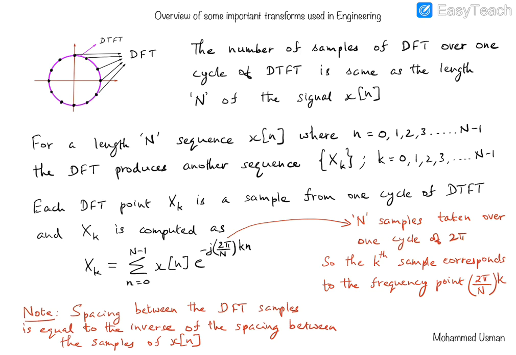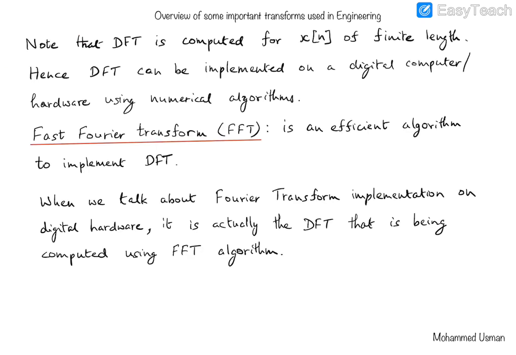So normally in practical applications, it is the DFT that is implemented on digital hardware. And finally, the FFT, or fast Fourier transform, is nothing but an efficient algorithm to compute the DFT of a sequence.